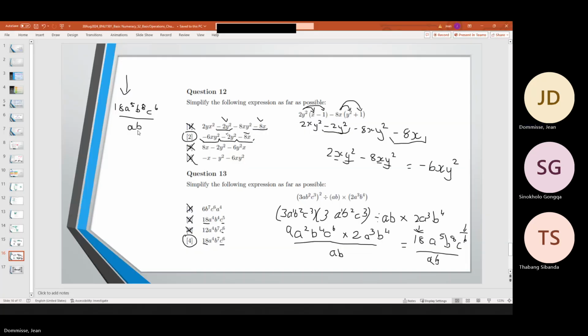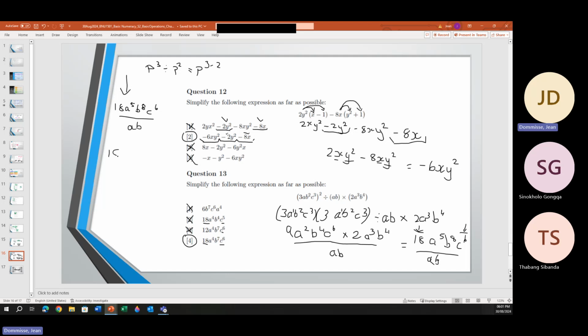Okay, so remember where we had P to the power of 3 divide by P to the power of 2. We basically said P to the power of 3 minus 2. So now we can do the same here.